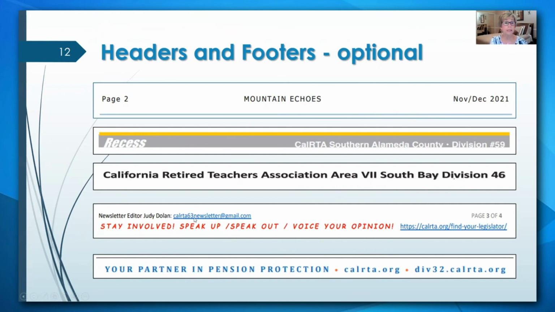Some of them have links that you can access in the footer. Here's a call to action in this particular one: stay involved, speak up, speak out, voice your opinion. Down here, we've got the CalRTA tagline, your partner in pension protection, the division number, and the website.